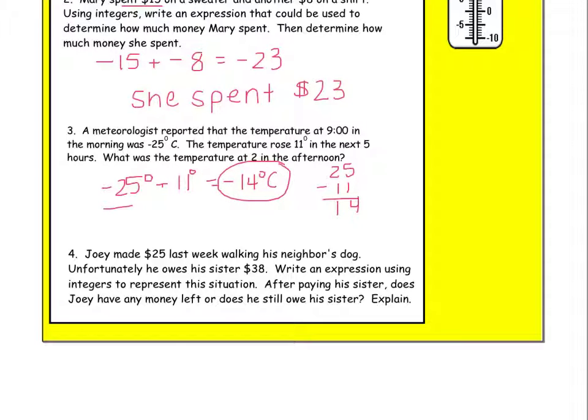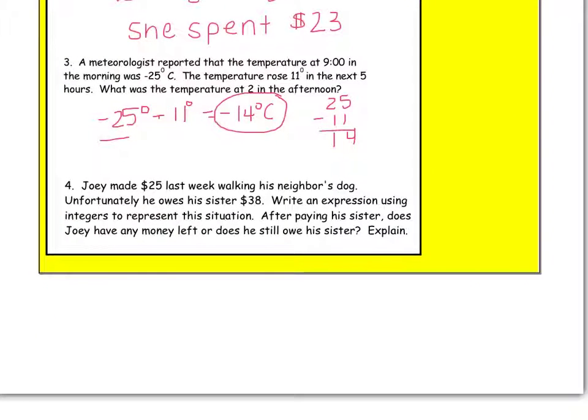The next one says, Joey made $25 last week walking his neighbor's dog. Unfortunately, he owes his sister $38. Write an expression using integers to represent this situation. After paying his sister, does Joey have any money left, or does he still owe his sister? Explain. So if he made $25, that's going to be a positive $25, plus he owes his sister 38. If he's owing somebody money, it's going to be a negative 38.